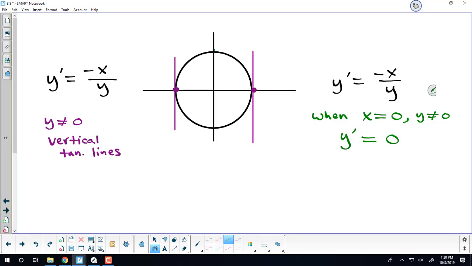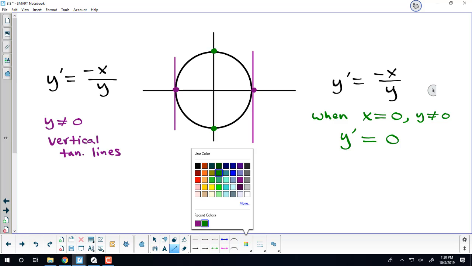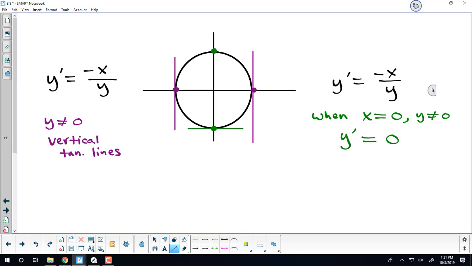So we see when x is 0, we're at this point and this point, and we're just visually validating that we do have a horizontal tangent line here and a horizontal tangent line here. All right, whatever.